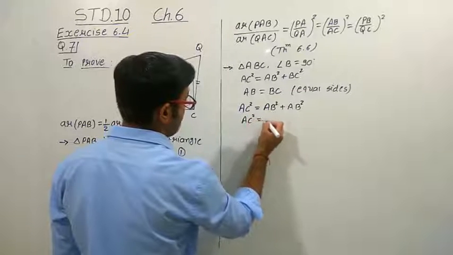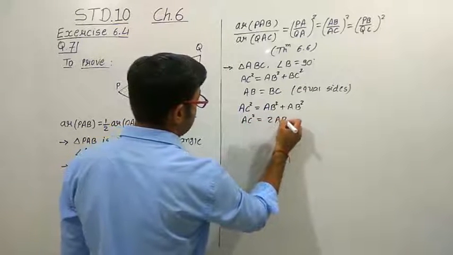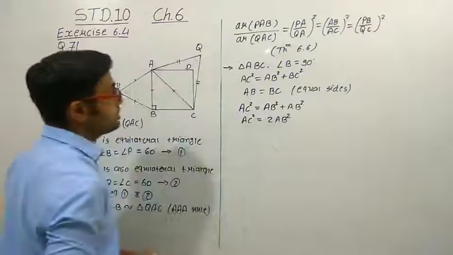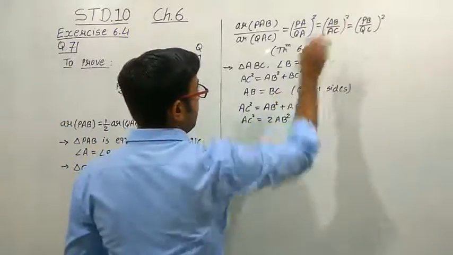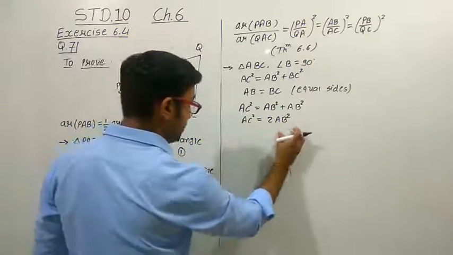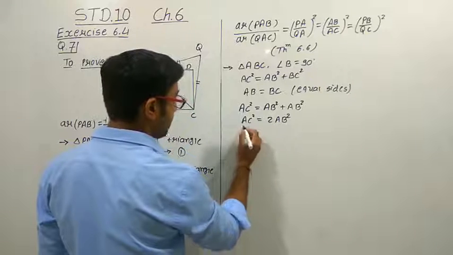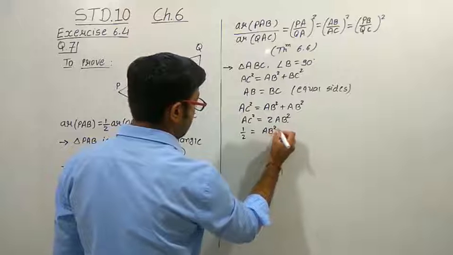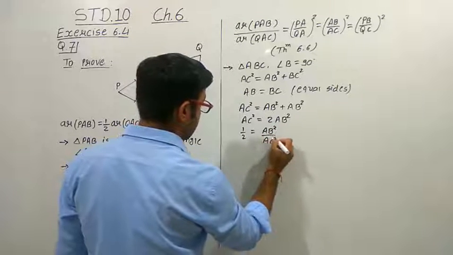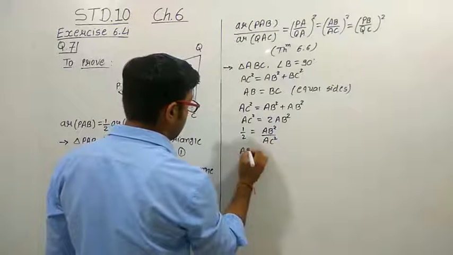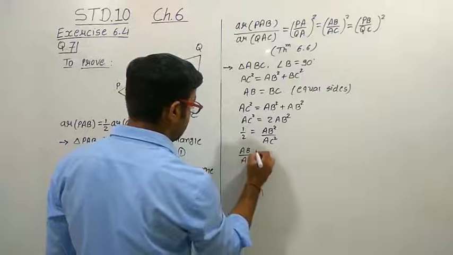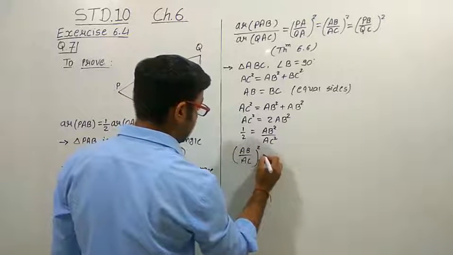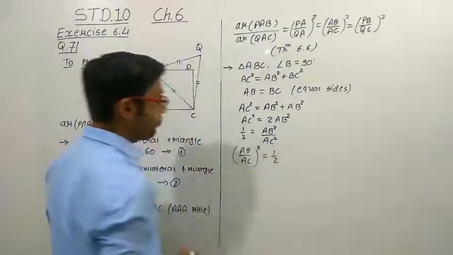So AC square is equal to 2 times AB square. Now see, the ratio we require is AB upon AC. So take this AC square to the right hand side and 2 to the left hand side. We get 1/2 is equal to AB square upon AC square. Also we can write it as AB upon AC whole square is equal to 1/2.